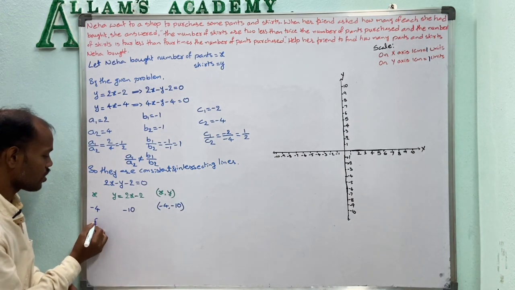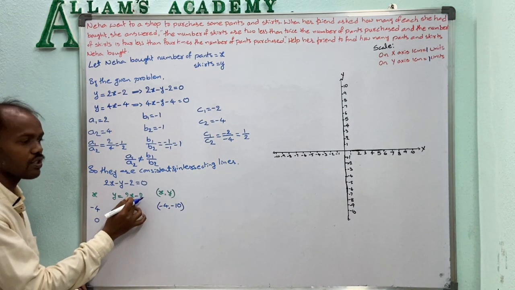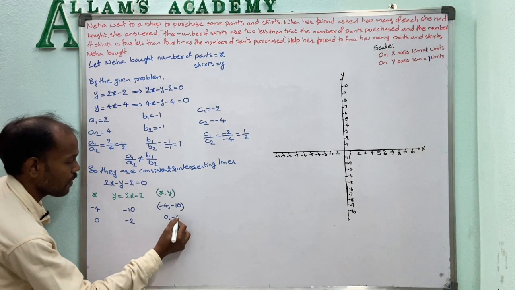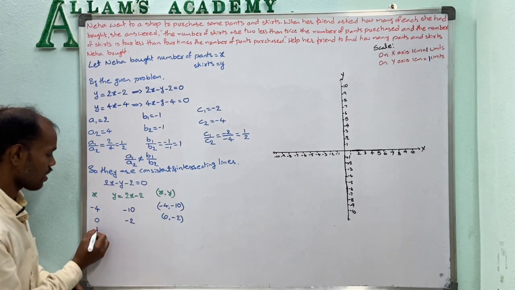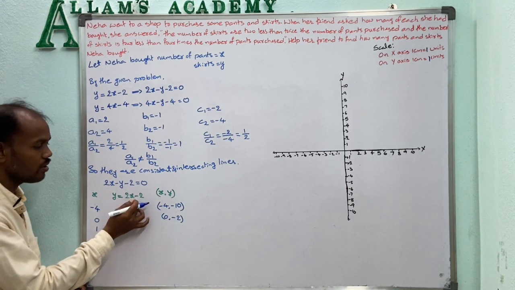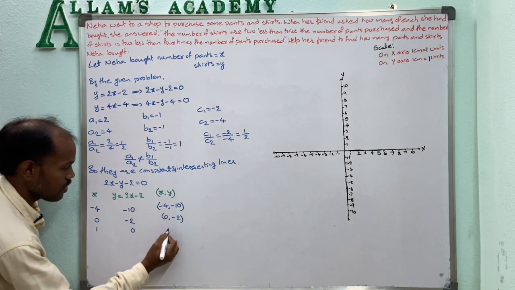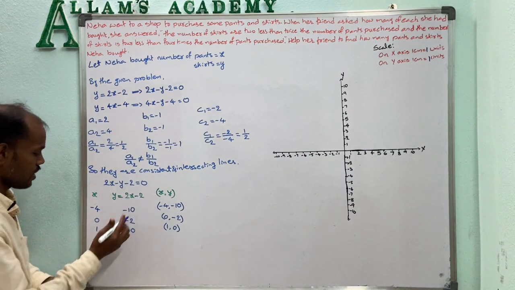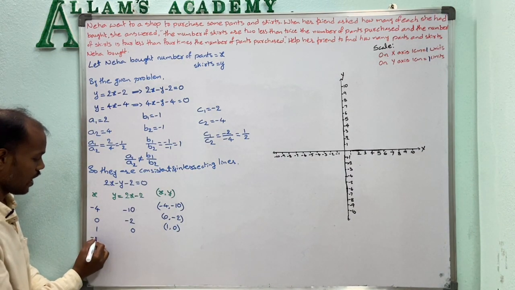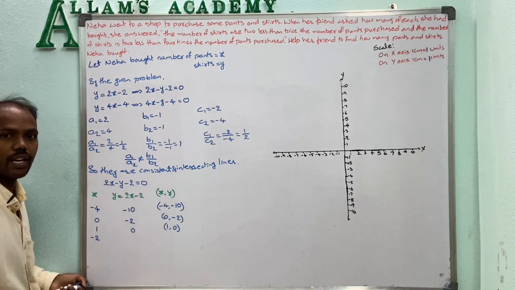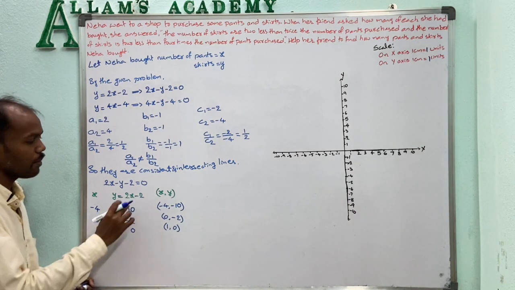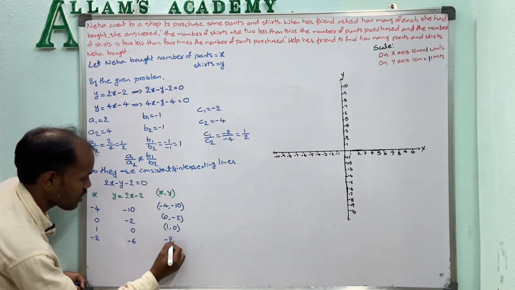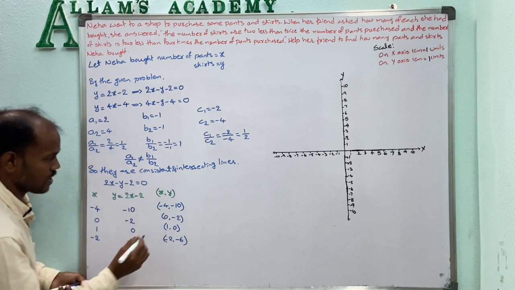If x equals 0, 2 into 0 is 0, 0 minus 2 equals minus 2, so for 0, minus 2. If we substitute 1, 2 ones are 2, 2 minus 2 equals 0, so for 1, y is 0. If x equals minus 2, 2 into minus 2 is minus 4, minus 4 minus 2 equals minus 6, so for minus 2, minus 6.